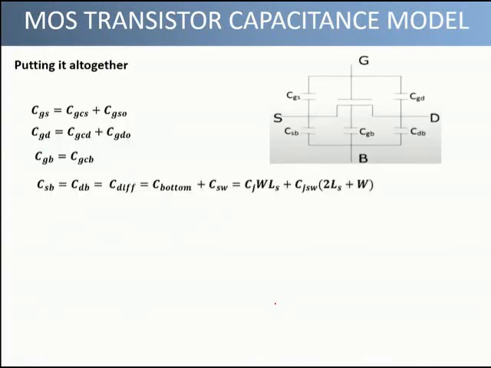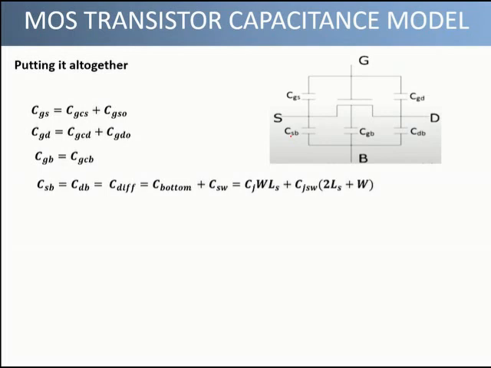So let us summarize and put together all these quantities that we have discussed so far. The gate to source capacitance is equal to the gate to source channel capacitance plus the gate to source overlap capacitance. Similarly, the gate to drain capacitance is equal to the gate to drain channel capacitance plus the gate to drain overlap capacitance. Similarly, the gate to body capacitance is equal to the gate to body channel capacitance.